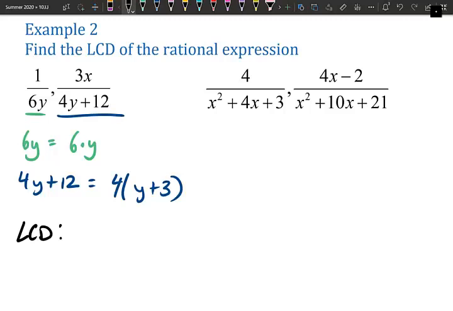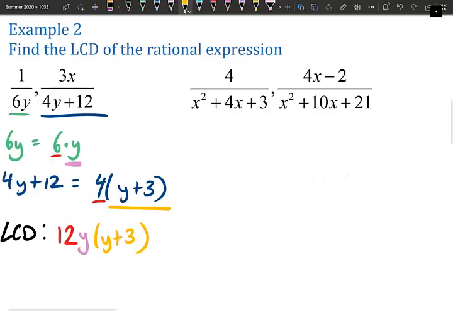We want our numbers outside of parentheses to match. I want 6 and 4 to be the same number. So 6 and 4 have 12 in common. Then on the outside of parentheses, I have this y, so we need to have a y. Last but not least, we have y plus 3.